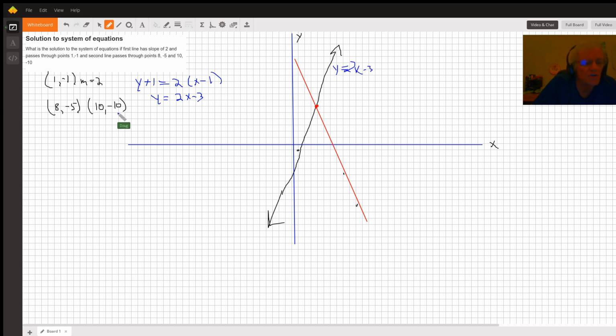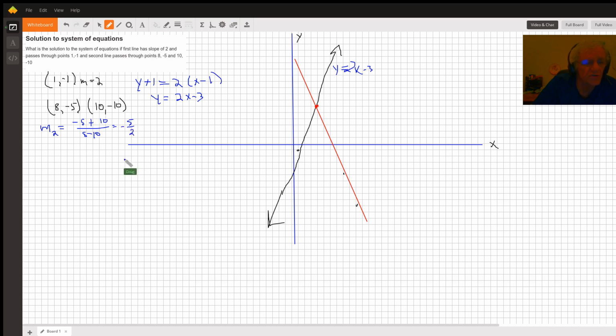Now, to find the equation of the second line, I first need to find out what the slope is. So I'll say the slope of the second line is the change in y, y sub 1 minus y sub 2, so -5 minus -10 would be -5 plus 10, over the quantity 8 minus 10, or 5 over -2, or -5/2.